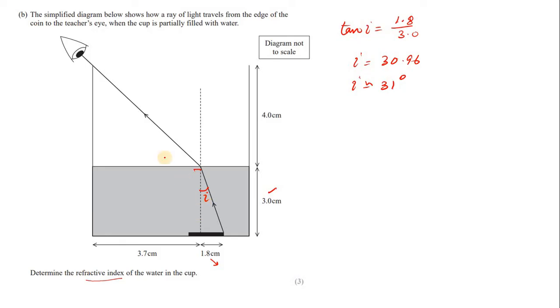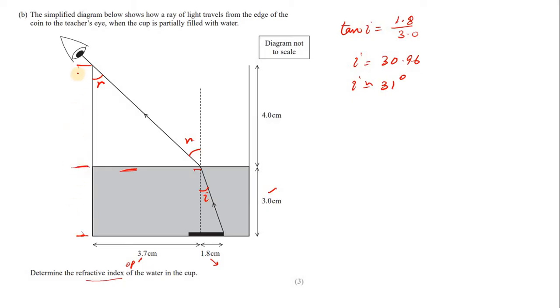Similarly, you need to find the refracted angle. This is angle R, because the ray is coming into air. In order to find this R, we are going to consider the triangle. So this R is the same as this angle R. Again, this side is the opposite side, which is 3.7, and this is the adjacent side, which is, not the total, this much.